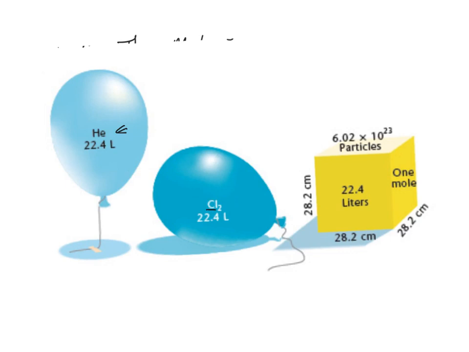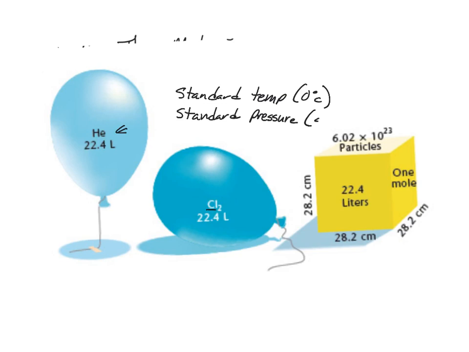And remember, this is at STP, standard temperature, which is 0 degrees Celsius, and standard pressure, which is at sea level. Okay, so as long as those conditions are true, no matter what gas you have, it's always going to take up 22.4 liters as long as it's at standard temperature, 0 degrees Celsius, and at sea level.